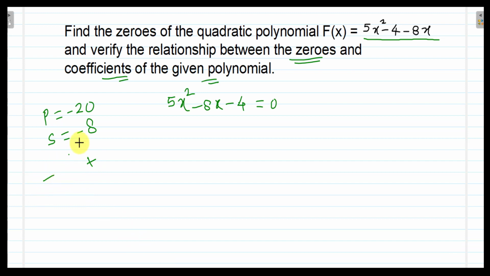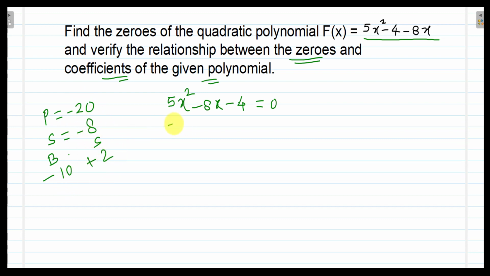Therefore the two numbers will be 10 and 2. Since the middle term is negative, the bigger number will be negative and the smaller number will be positive. So it will be minus 10 and plus 2, which gives minus 8.